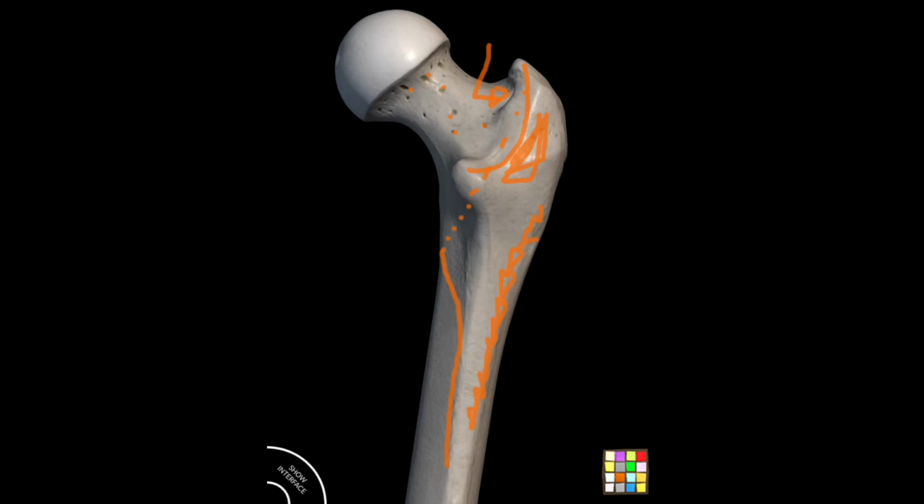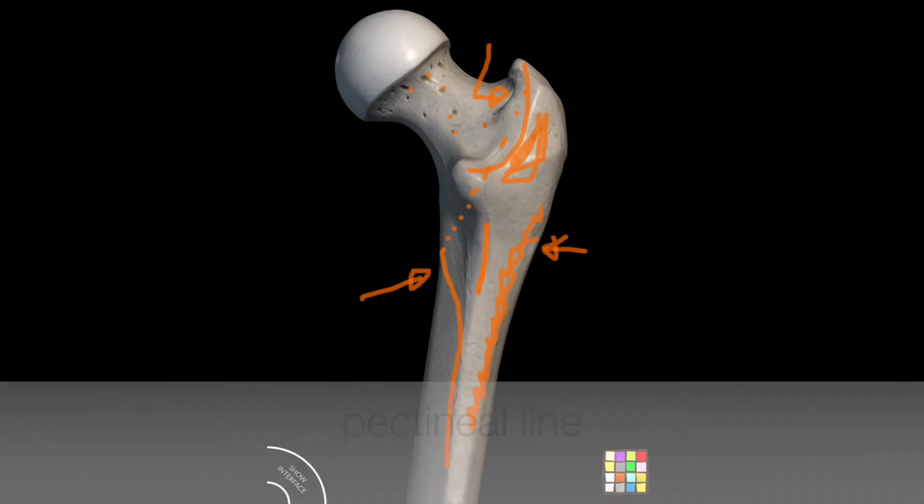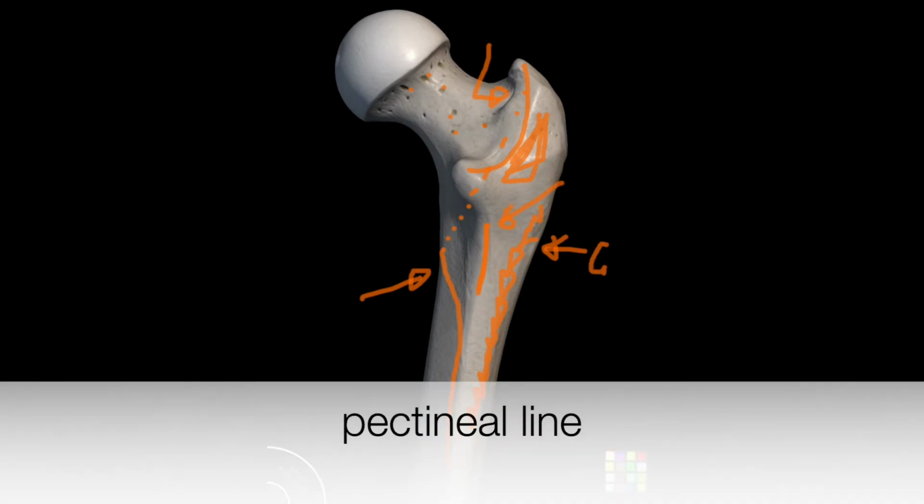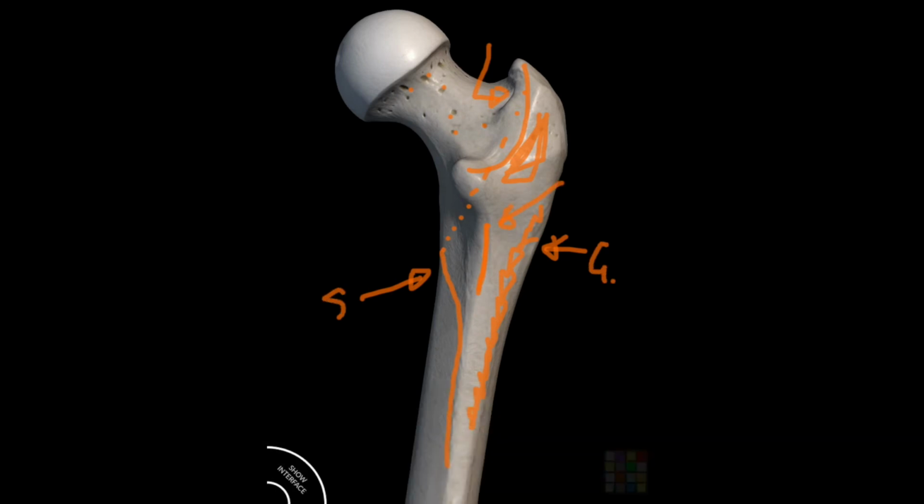In between the gluteal line laterally and the spiral line medially, and just below the lesser trochanter, is a third line, which is the pectineal line. So gluteal tuberosity, spiral line, and here the pectineal line, which is for the attachment of the pectineus muscle from the pecten pubis.